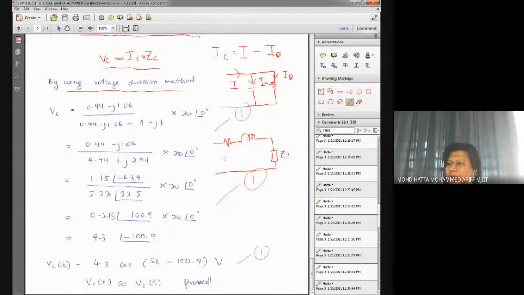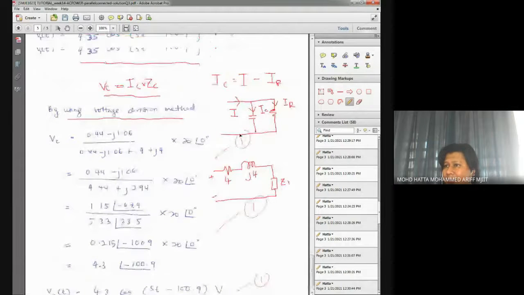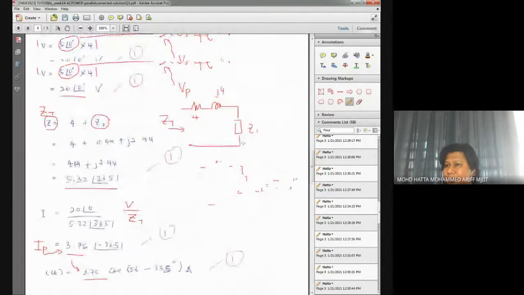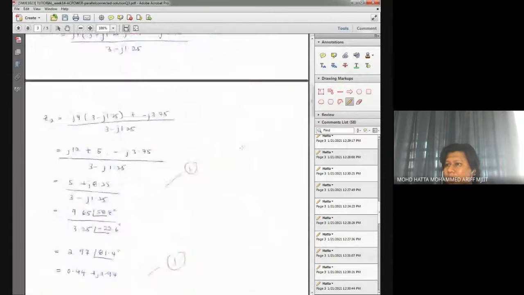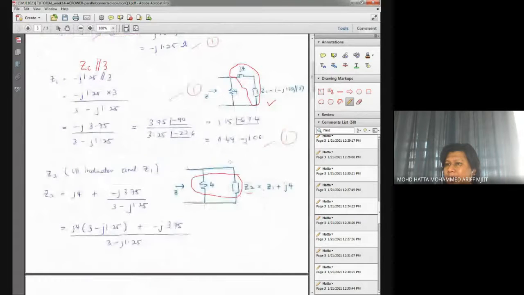Okay, this is the voltage. We will use voltage division rule based on this circuit arrangement, where we have this one is 4, if I'm not mistaken, this one is j4, and for Z1, if I'm not mistaken, before this, it is what? Z1 is 0.44 minus j1.06.